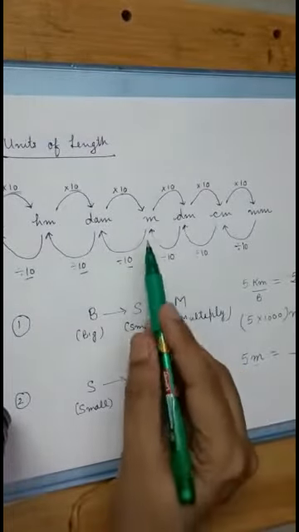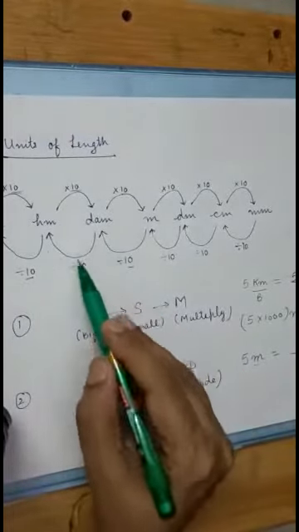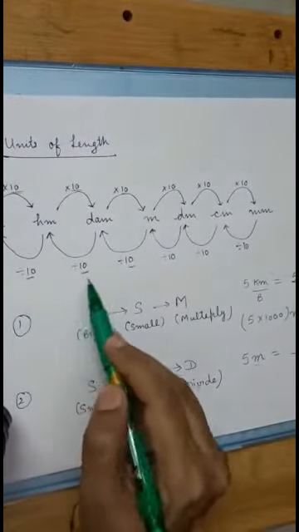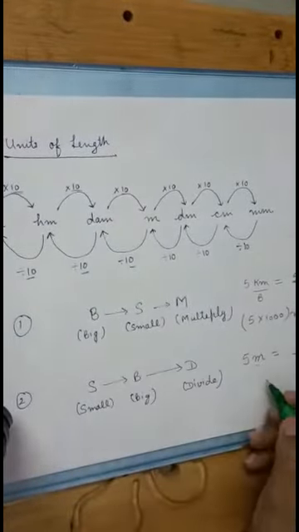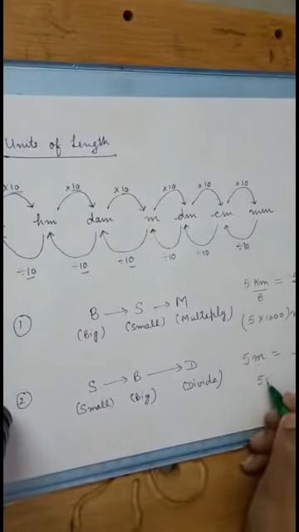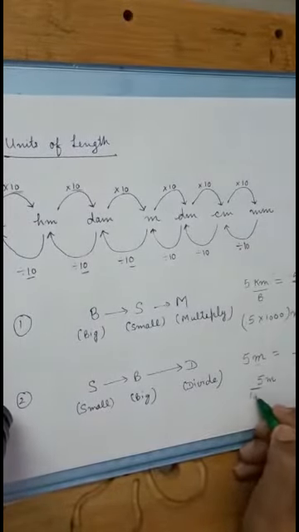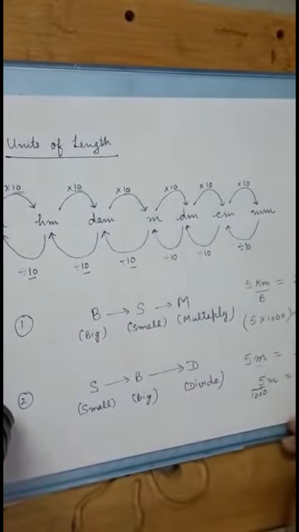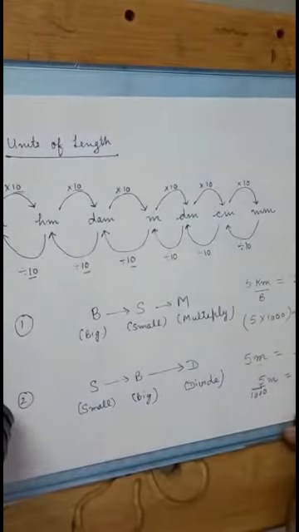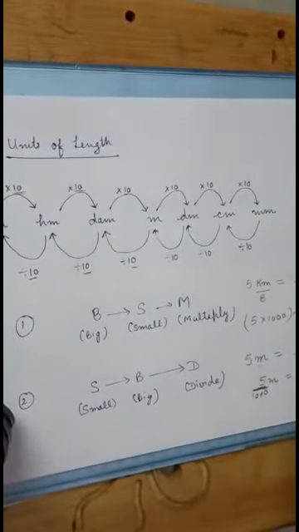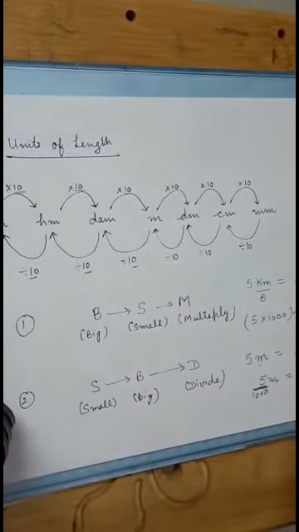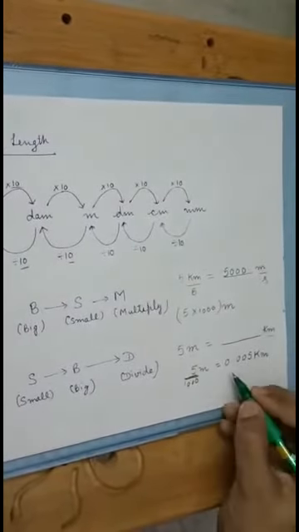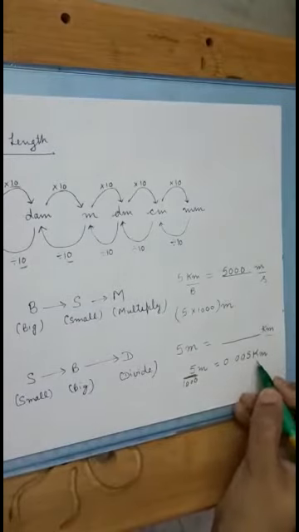Is that clear? First move means divide by 10. Second move again divide by 10 means 100. Third move again divide by 10 means total 1000. So if I divide 5 meter by 1000, my answer will be in decimal numbers, 0.005 kilometers. Is that clear? It is 0.005 kilometers.